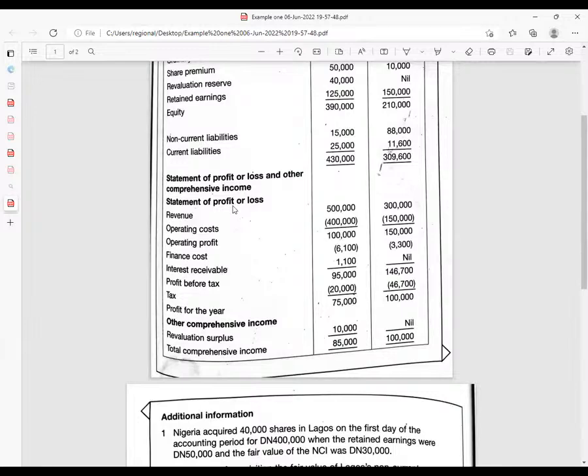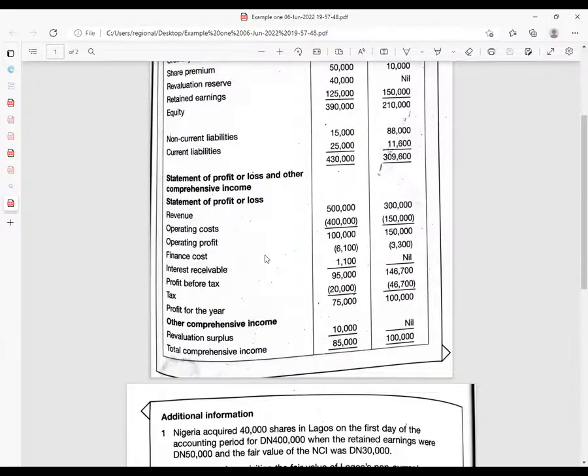So we have, first of all, the statement of profit or loss, and then we have other comprehensive incomes. Under other comprehensive incomes, I have revaluation, and then I'll be bringing in the foreign currency exchange. It also falls under other comprehensive incomes.